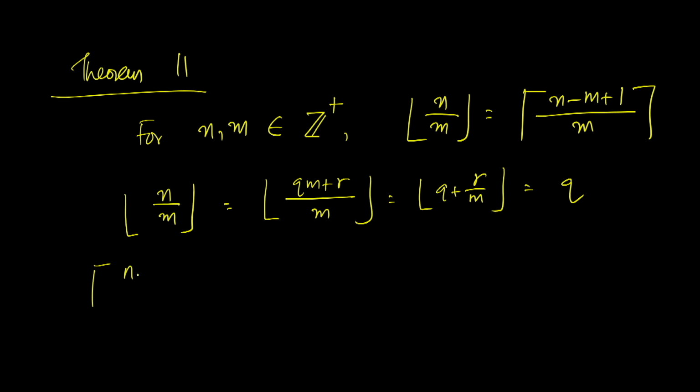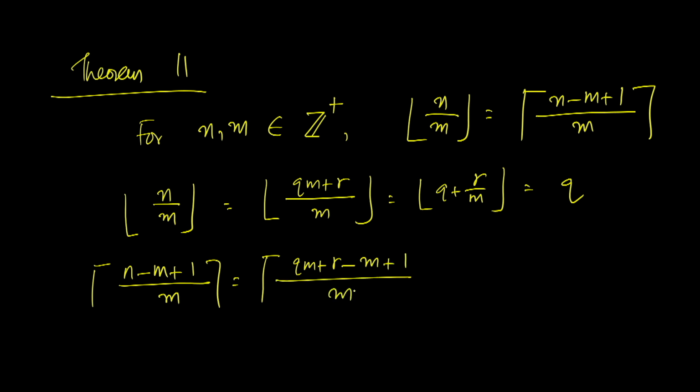Then the ceiling of n minus m plus 1 by m would be the ceiling of qm plus r minus m plus 1 divided by m, which is the ceiling of q minus 1 plus r plus 1 by m. This is q minus 1 plus a fraction epsilon.